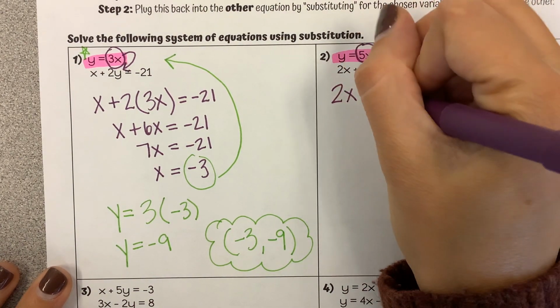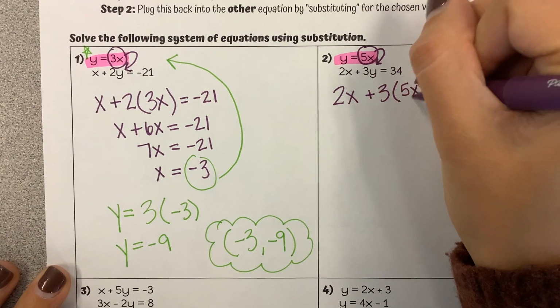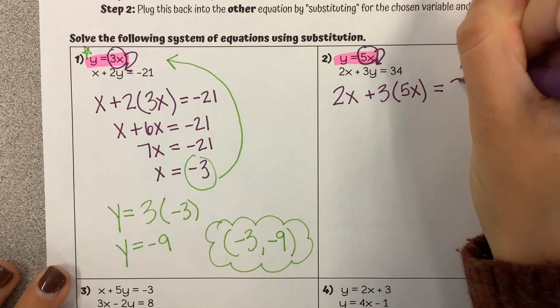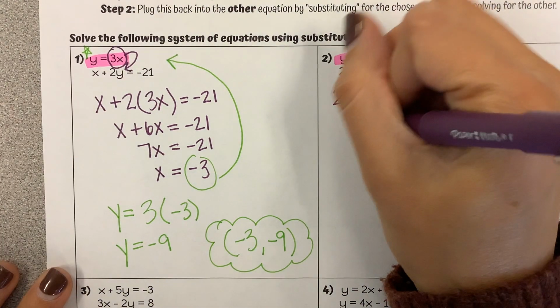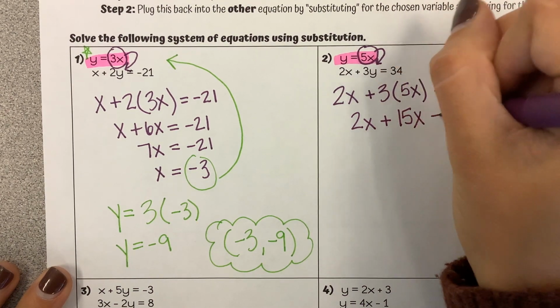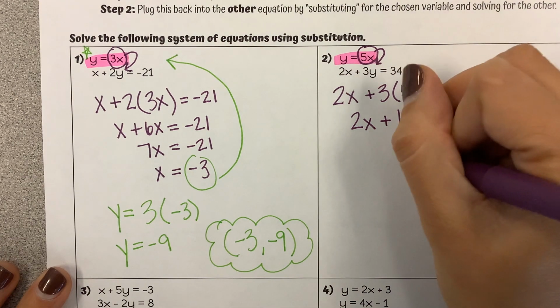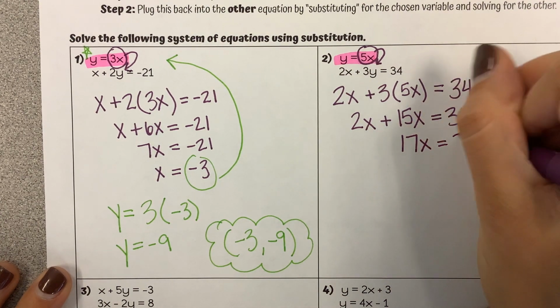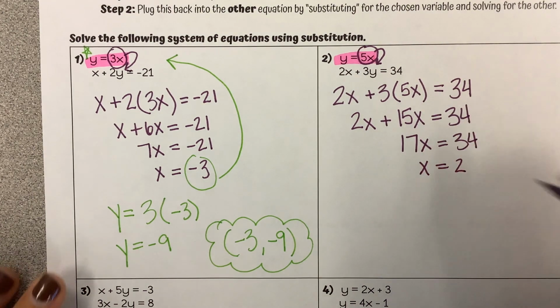So 2x plus 3 times our y value of 5x is equal to 34. So 2x plus 15x is equal to 34. 17x is equal to 34, which means that x is equal to 2.